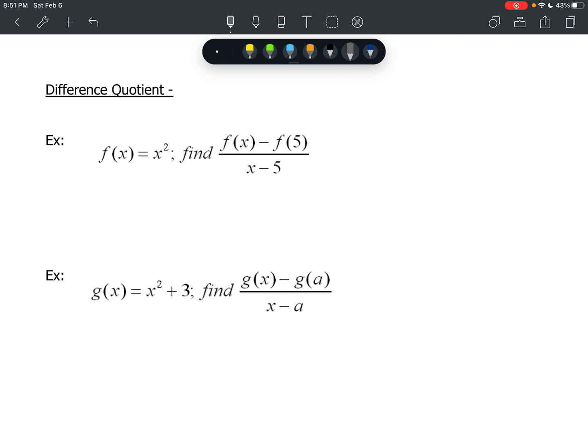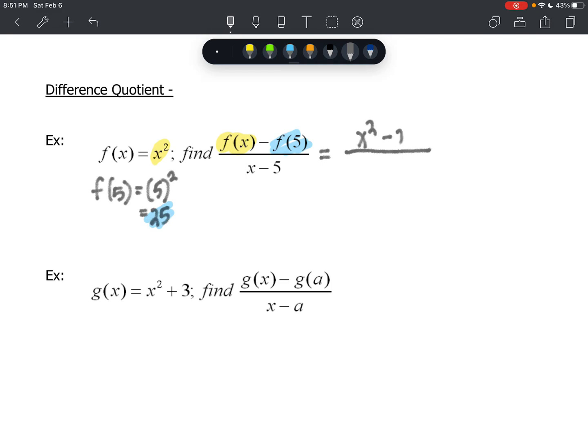What is f of x? Well, f of x is equal to x squared. So everywhere I see f of x, I can put an x squared in its place. What's f of 5? Well, f of 5 is equal to 5 squared, which is 25. So everywhere I see f of 5, I can put 25 in its place. x is a variable, minus 5. Let's see what we get. So in place of f of x, I've got x squared.